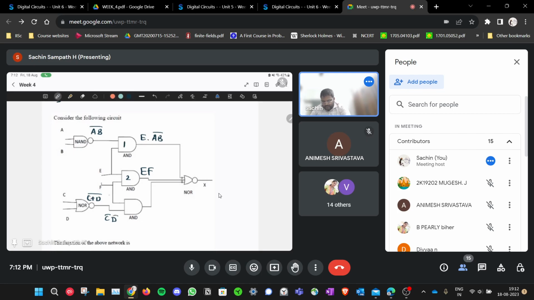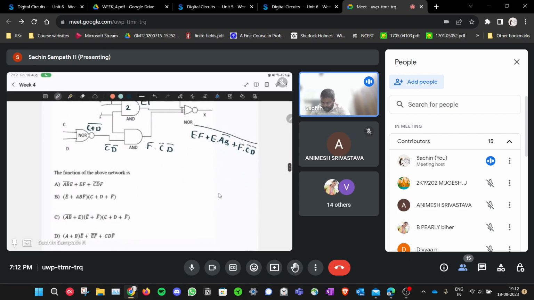And you are ANDing it with f, so this is actually f dot c bar d bar. And the three terms that you have are being fed to an OR gate. So an OR gate would give you ef plus e a b bar plus f c bar d bar. An OR gate will give complement of this. Is there an option like that?